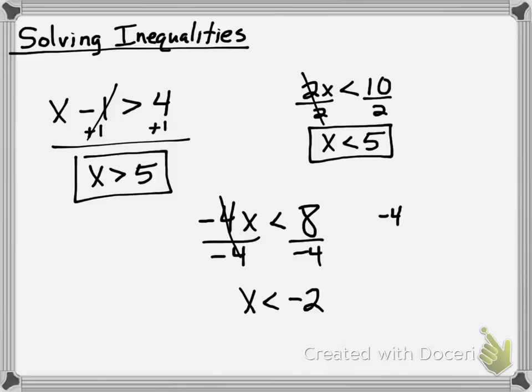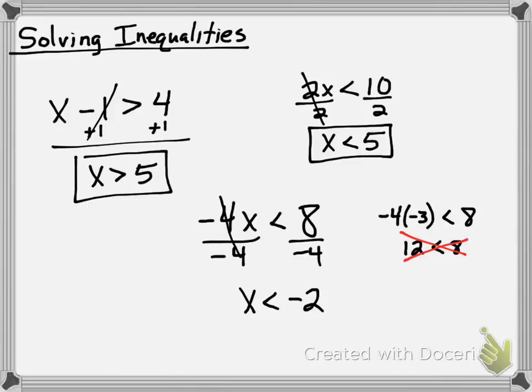So how about -3? -3 is less than -2, so if I plug a -3 in here, it should be true. So -4 times -3 is less than 8. Well, that tells me that 12 is less than 8. And I'm pretty sure we all know that 12 is not less than 8.